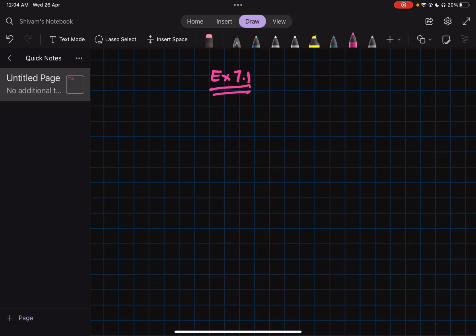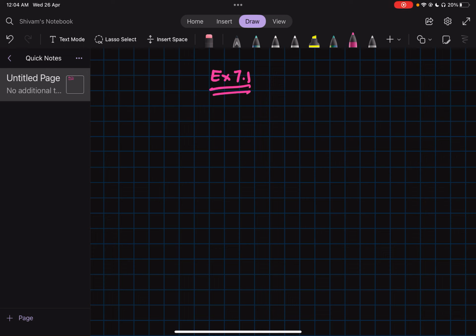An important thing to note before starting the first 5 questions is that I'm assuming you're already familiar with what an antiderivative is, right? It's a function which when you differentiate, you get the original function back.